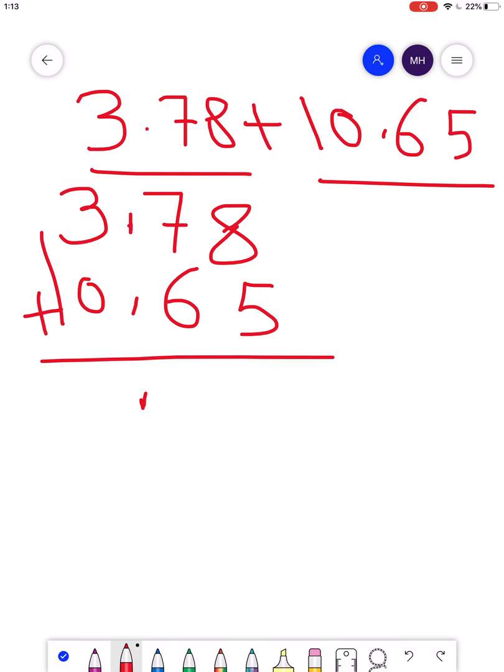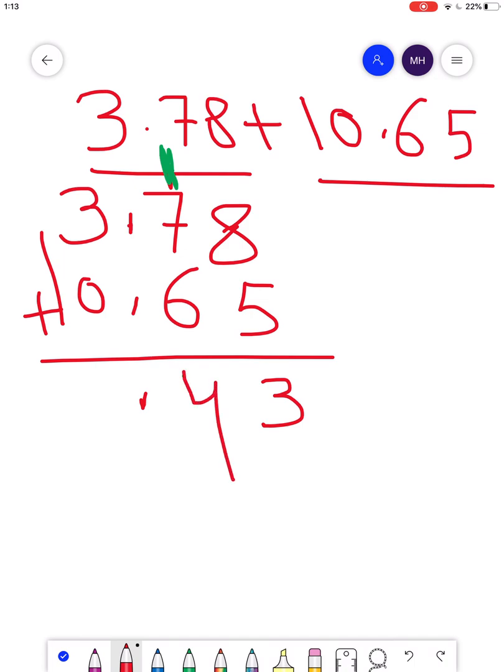Then I start by the hundredths, I mean from the right. 8 plus 5 equals 13. 3, and I regroup. If needed, when necessary. Here I mean by regroup, I put the ten up. So now 1 plus 7, 8 plus 6, 14.